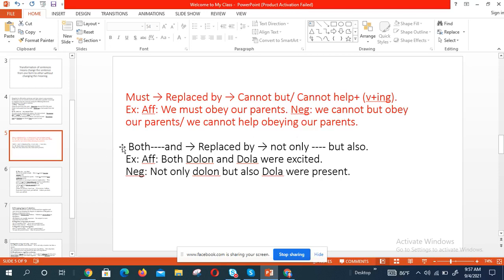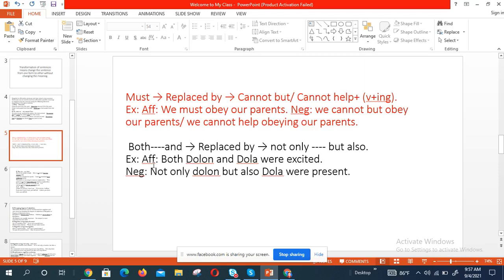Now, if you get the word both in your sentence, both and, you can replace it by not only but also. If you get both, you have to use not only. Look at the example. Both Dolon and Dola were excited.